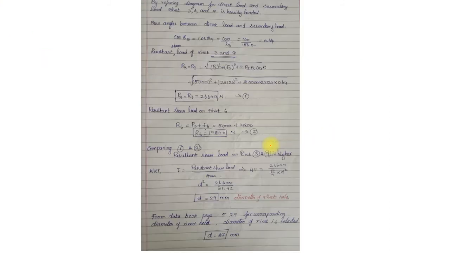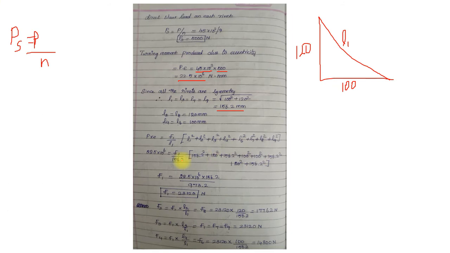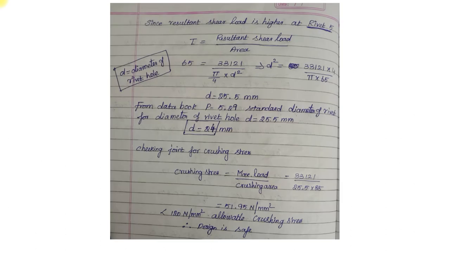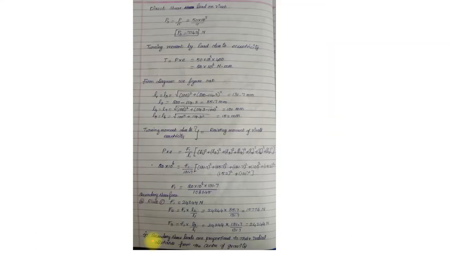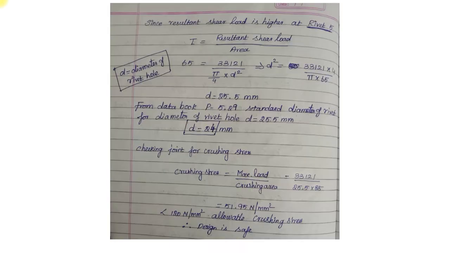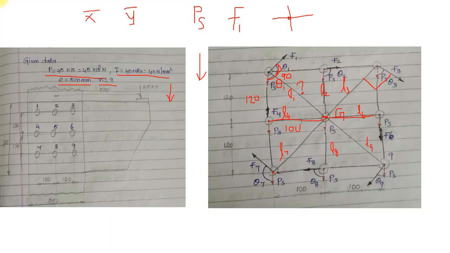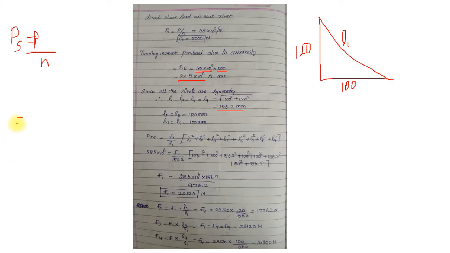We know that previously we have seen this. Let me recollect what we have seen previously. You can see here the secondary shear loads are perpendicular to the radial distance from the center of gravity, which is the reason why we can write F2 divided by F1 is equal to L2 by L1.